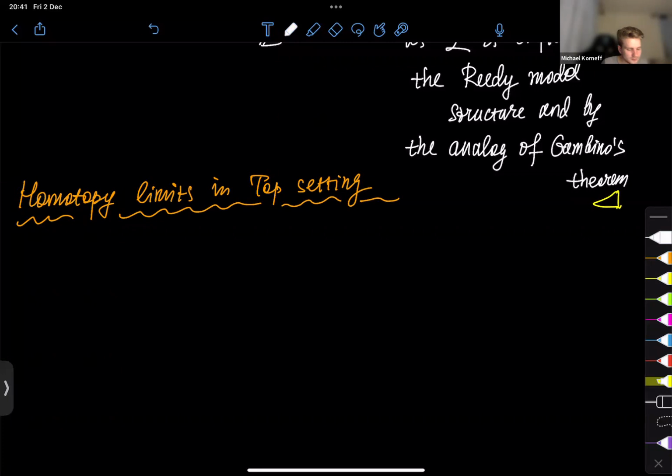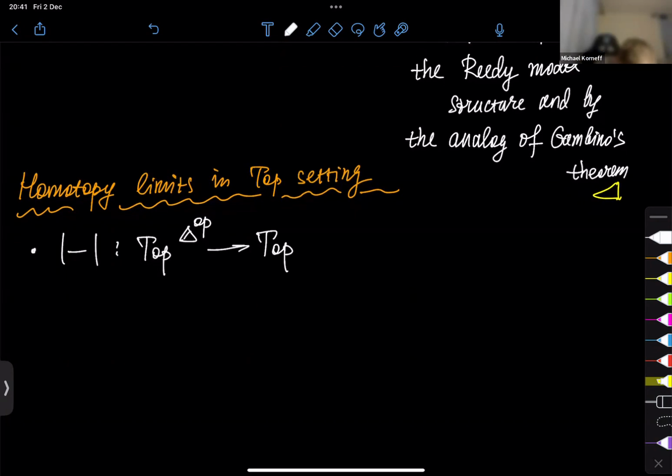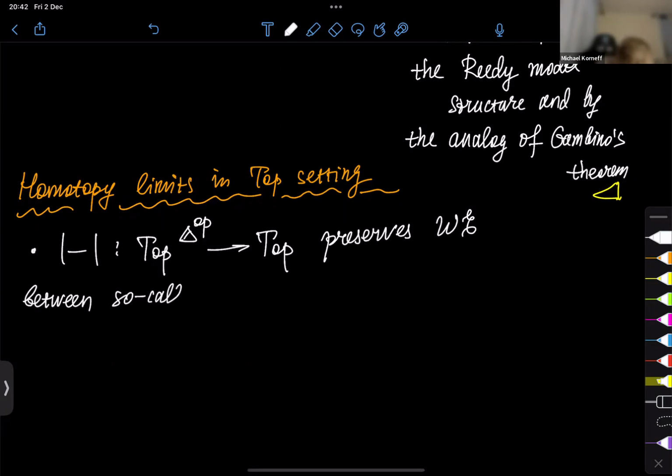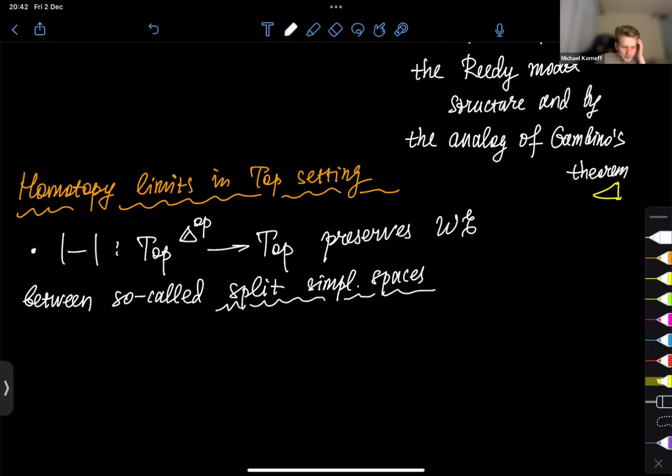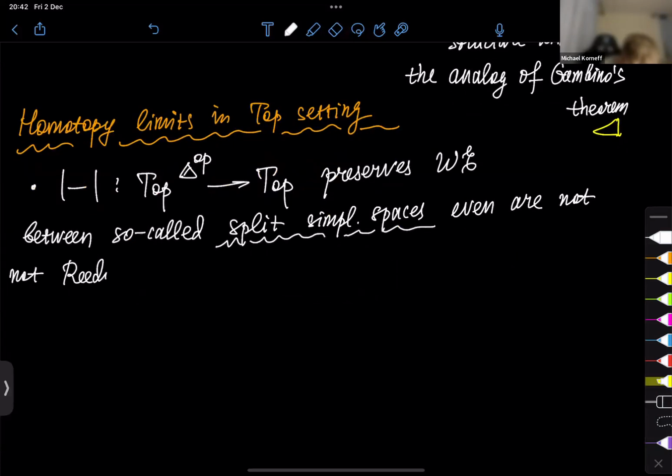We know that it turns out that the realization functor from the category of simplicial objects in Top preserves weak equivalences between so-called split simplicial spaces, even though they are not really Reedy cofibrant.